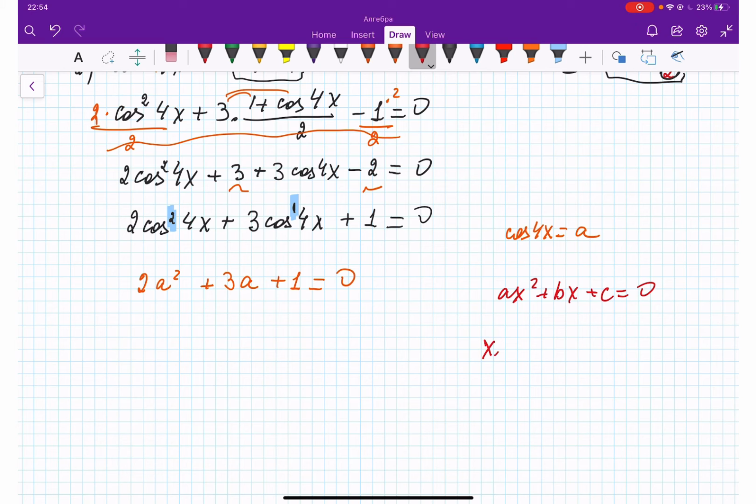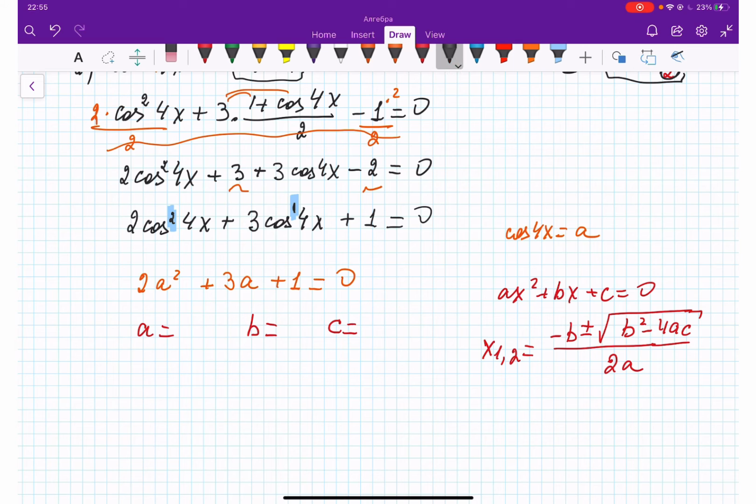From here, x1,2 is equal to negative b plus or minus the square root of b squared minus 4ac, over 2a. Let's see what we have here. A, B, and C. So our A is going to be 2, our B is 3, and our C is 1. Yes?